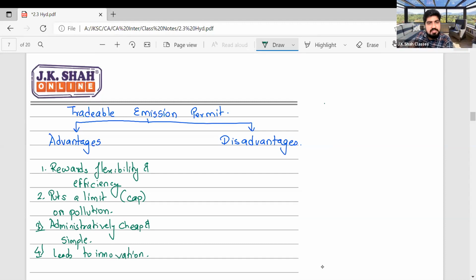Similarly, we have certain disadvantages. Please write down. First one, in reality, it doesn't protect the environment.